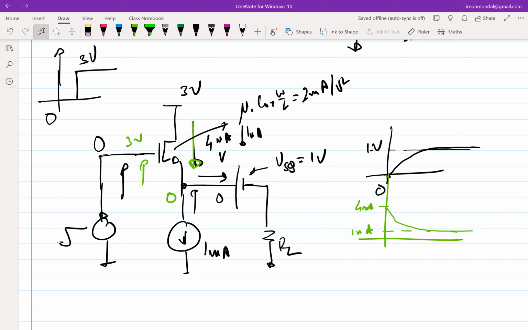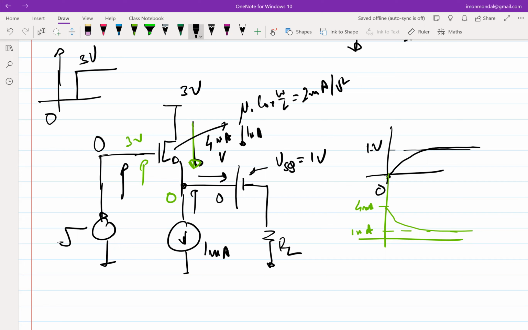I took numbers which are very friendly: 1 volt of threshold voltage and 0.2 and so on. All those numbers will change as temperature changes. If you measure it today or tomorrow, with wear and tear, all these numbers change. So you would have to keep changing the value of the battery yourself every day. But if you put a capacitor, you don't have to do that. It will automatically get charged to whatever it needs to.